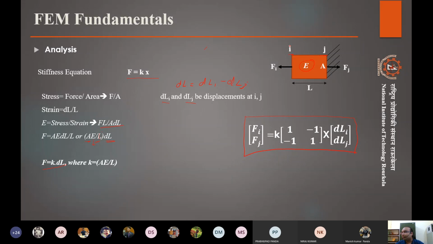So if I say this at J, there is dlj, and at I there is dli. So total expansion will be dli minus dlj, right? So do remember that.